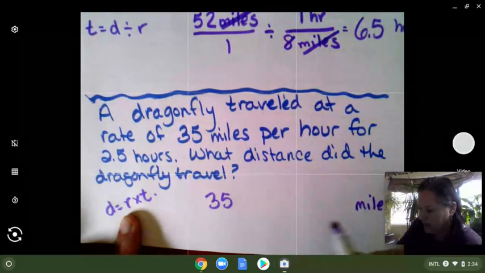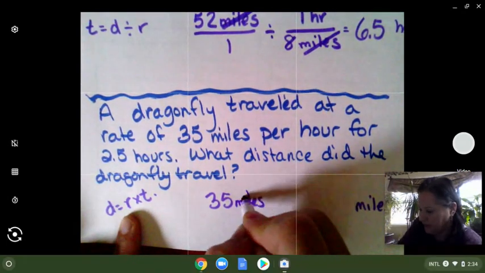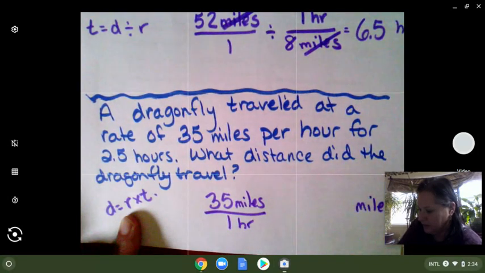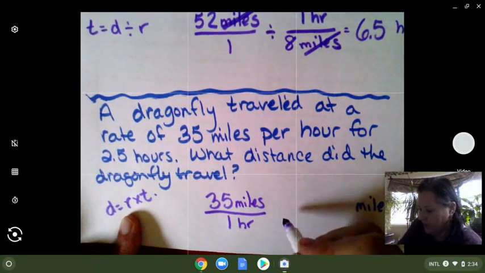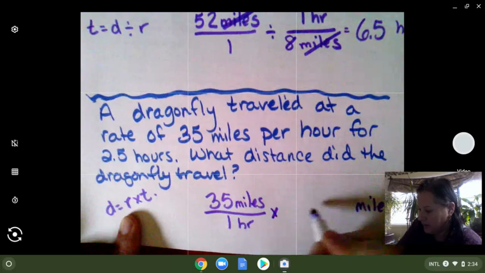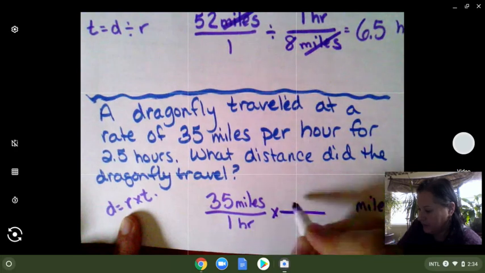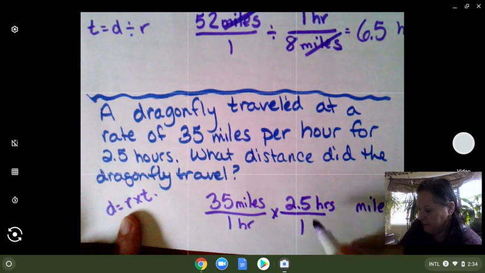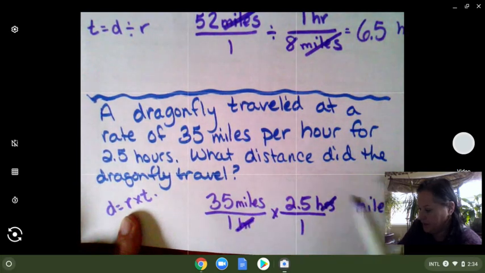Answer is going to be in miles, so I need miles on the top here. 35 miles per 1 hour for 2.5 hours. And I want to cancel my hours, so I'm going to put the 2.5 on the top here. Okay, I cancel my hours. I'm left just with the miles. That's what I want to be left with at the end.